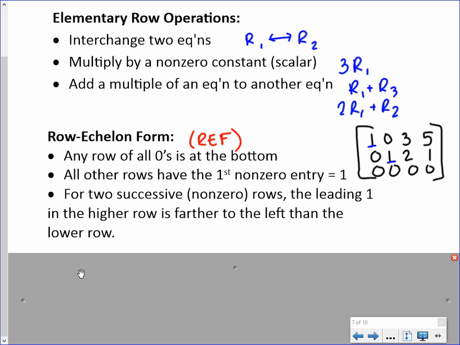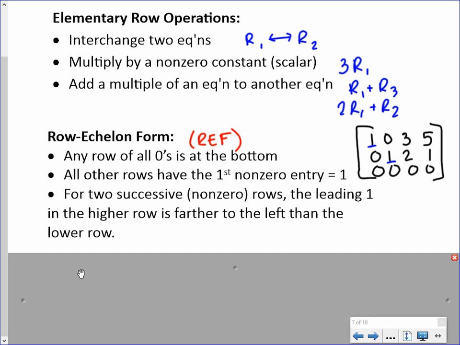My higher row has the 1 further to the left than the lower row. So they can't have 1s in the same position. That 1 needs to be moved over. And I could certainly have this one be 0, 0, 1, 2, or something like that. That would still qualify for row echelon form. And then you might even see, like on some of them, you have a 1 right here. Okay, that's fine.